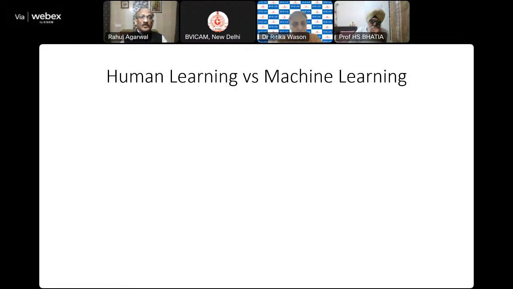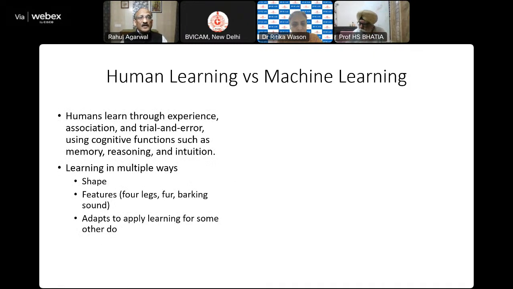What's the difference between human learning and machine learning? Humans learn through experience, association, and trial and error, using cognitive functions such as memory, reasoning, and intuition. And learning involves multiple ways like shape, features, like forelegs. If you're looking at a picture of a dog, so what are its legs, purr, barking sound. And it adapts to apply learning for some other dogs as well.